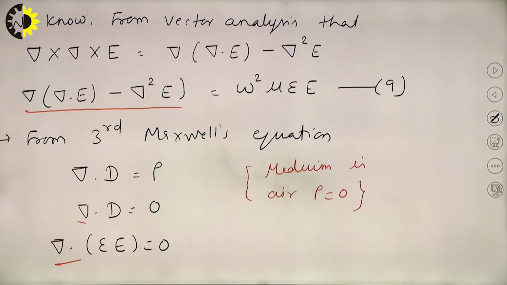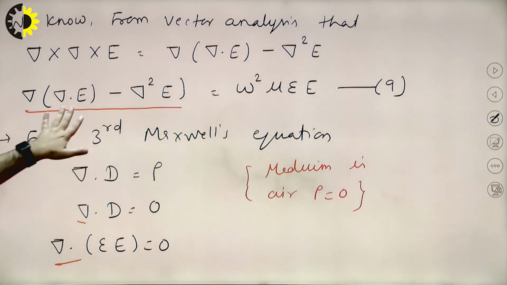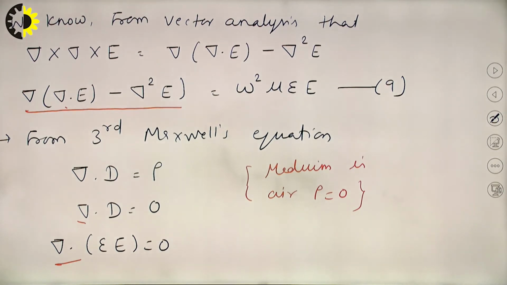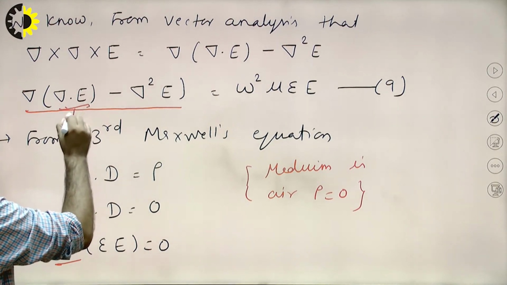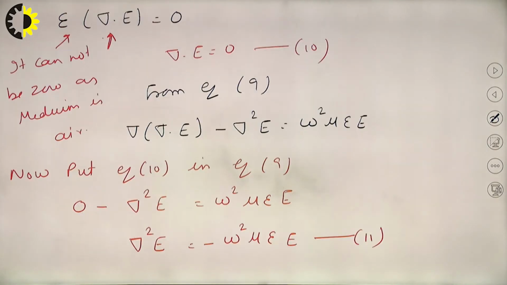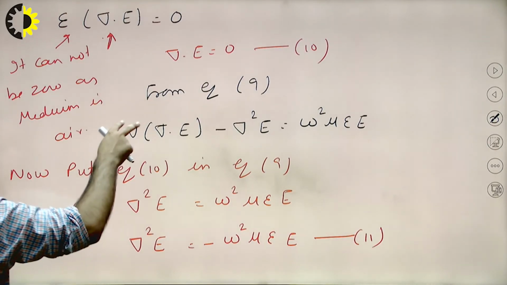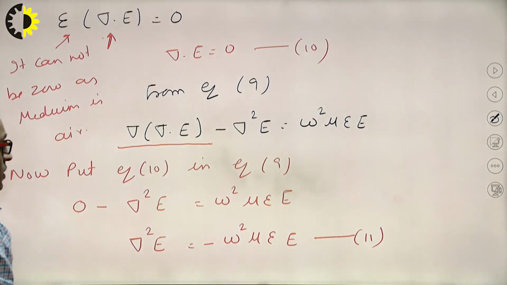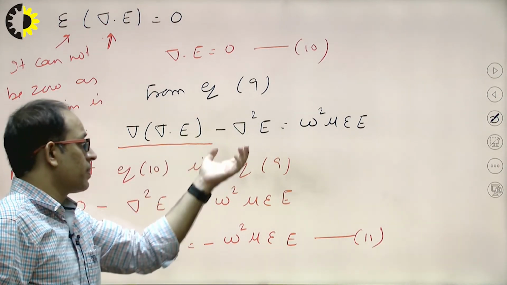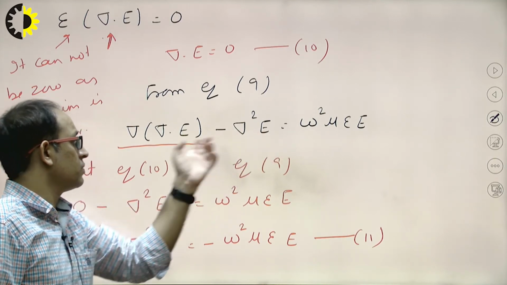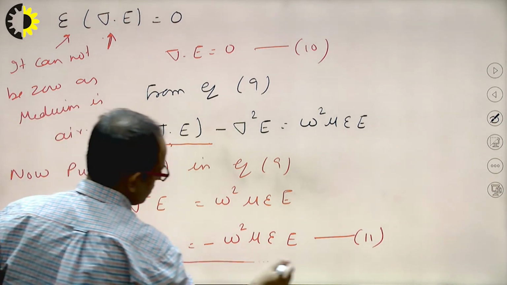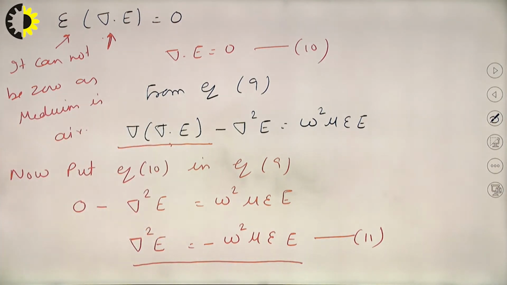Now from equation number 9, put del dot E equals 0 here, so the remaining term is minus del square E. Putting this value, you will get del square E comes out to be minus omega square mu epsilon E.